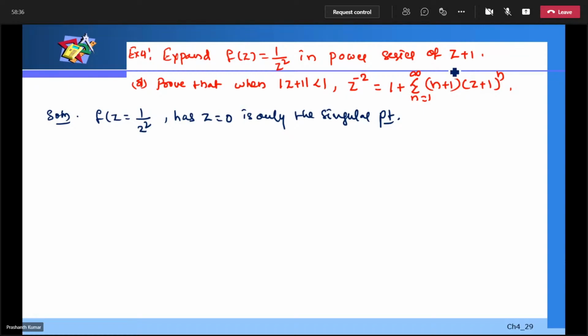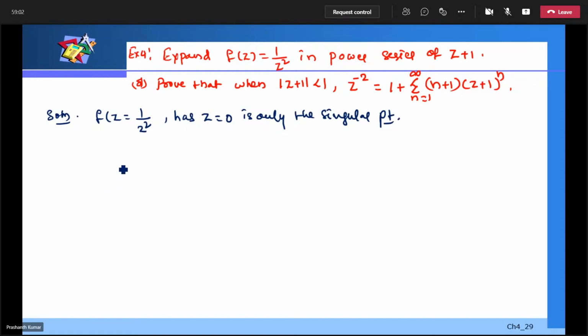From this one, definitely the function 1 by z square is definitely analytic function except at this point z is equal to 0, because at z is equal to 0, the function has a singular point, and it is not analytic, okay.